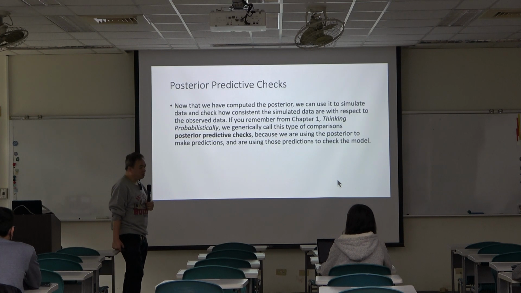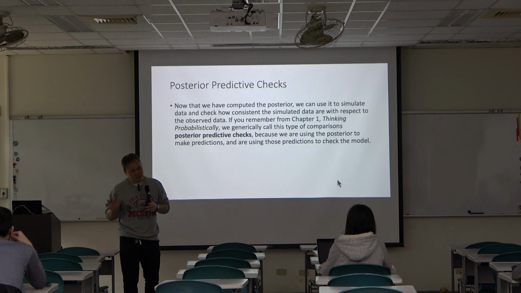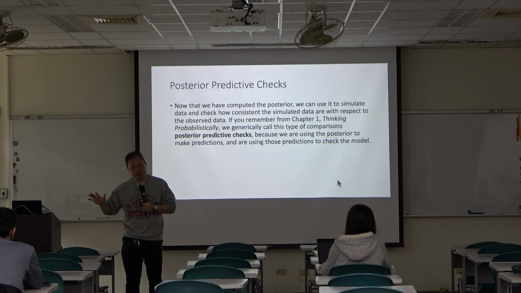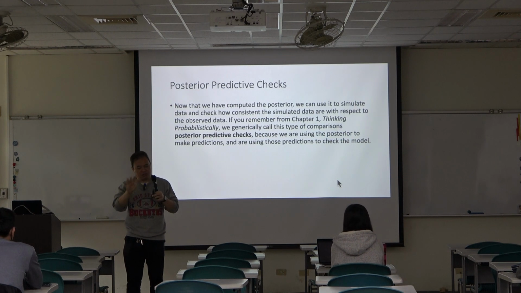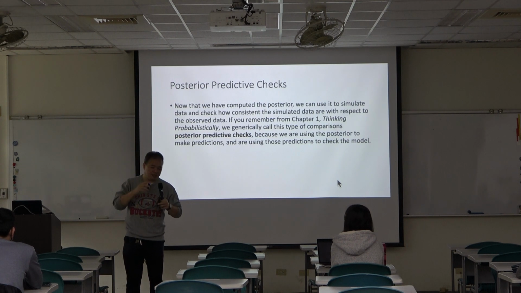What we are doing is that we sample the parameters from the posterior, and then we use those sampled parameters in our model, and because we have a likelihood, from the likelihood we are able to generate data.